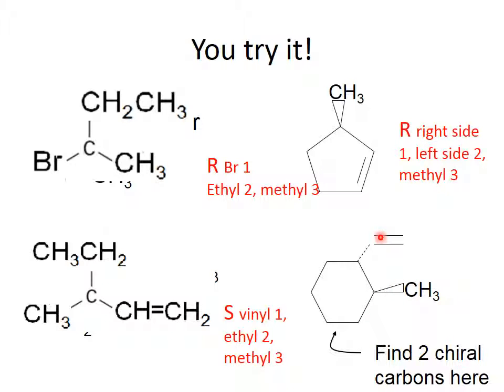Here there's one carbon attached to two carbons. So I actually have to compare these two groups to see which is the highest priority. If I look at this carbon, it has carbon, carbon, and a hydrogen attached up here that is not written. If I look at this, carbon, carbon, and a hydrogen that's going back behind.